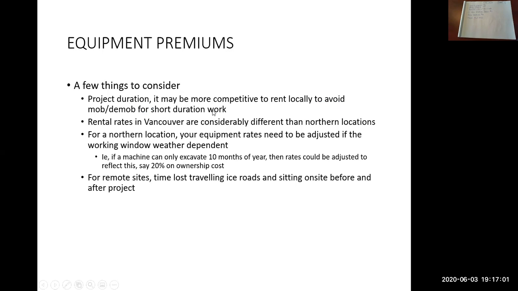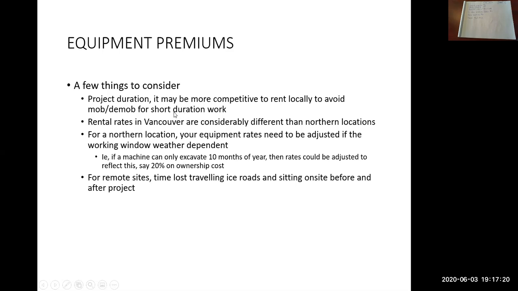So if you need to move an excavator from your home base in Abbotsford, and you need to put it on a low bed and run it up to Dawson Creek, that's a significant cost.